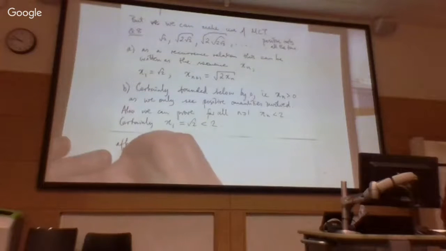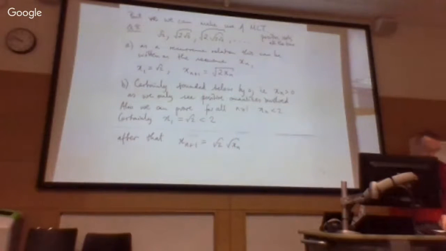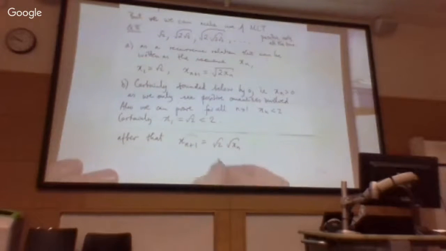And after that, xn plus 1, which we can write as the square root of 2 times the square root of xn, well, if I already know that xn is less than 2, this will be strictly less than the square root of 2 times the square root of 2, which is 2.